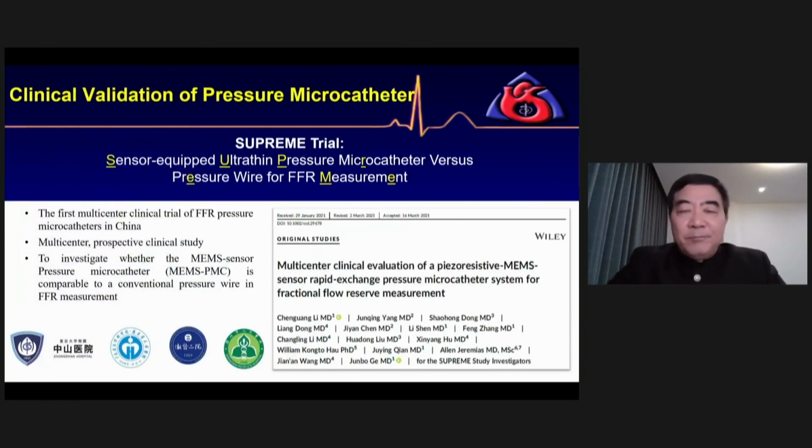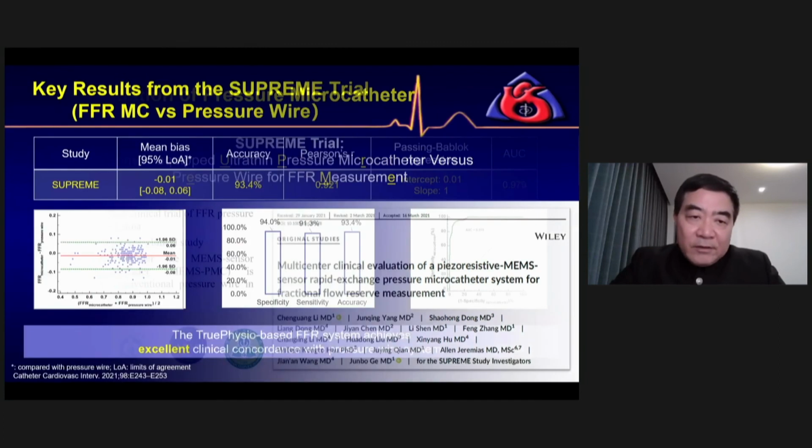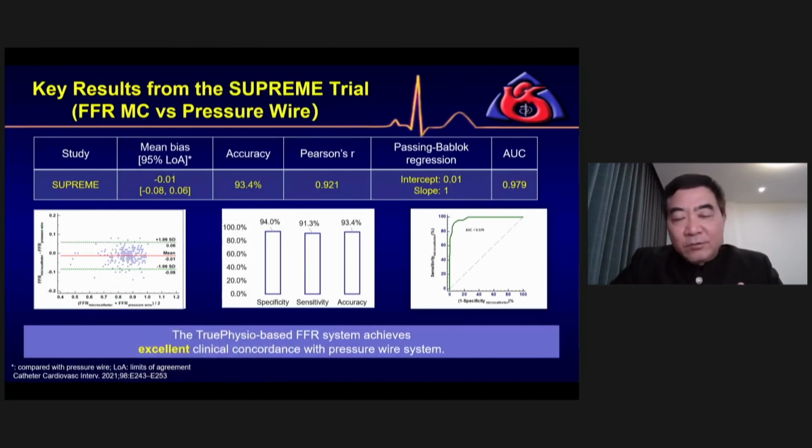And after that we conducted a multi-center Supreme trial, which was published recently, to compare FFR and the FFR derived from the pressure microcatheter, and we found a very good consistency between the two methods, and the new device, a pressure microcatheter, has less drift and a more stable position.